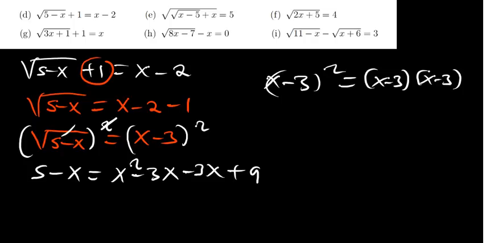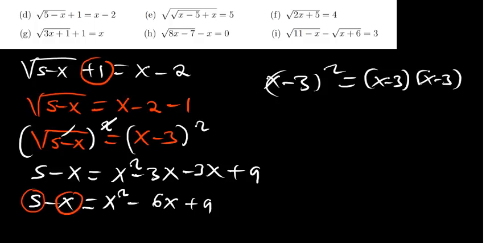Okay, cool. Now from here I'm going to simplify this. It is x squared, negative 3x minus 3x is negative 6x, plus 9. Guys, whenever you have x squared, then another x, then a number alone without x, that is a quadratic equation.